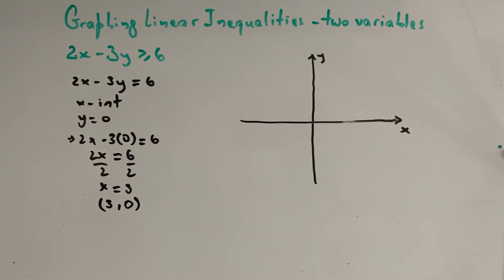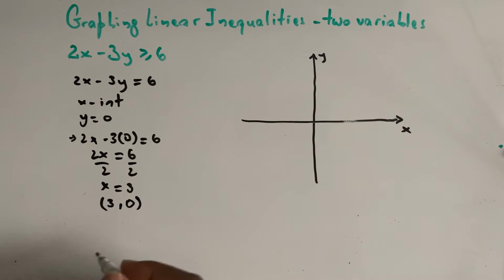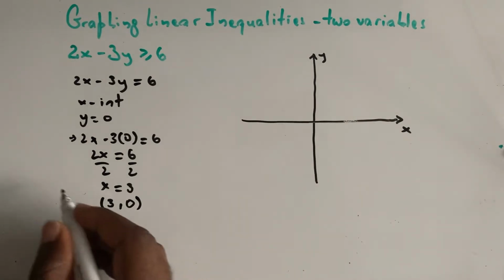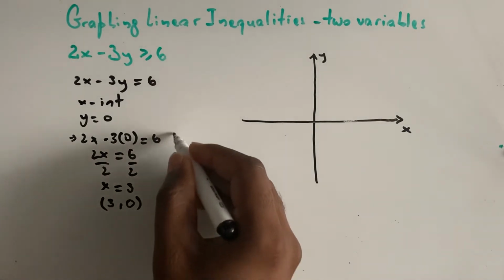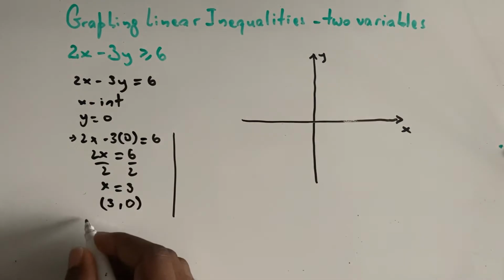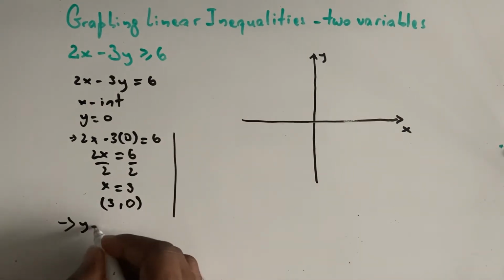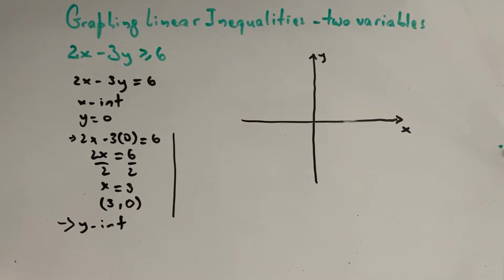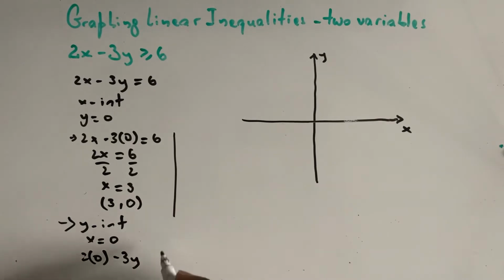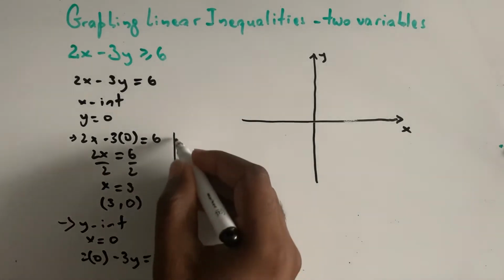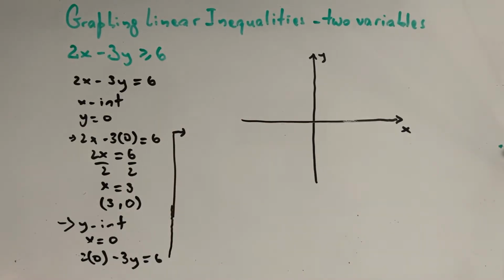Now I need another point. So let's get a y-intercept. To get the y-intercept, I'm going to let x be 0. By letting x be 0, I'll have 2 times 0 minus 3y equals 6.